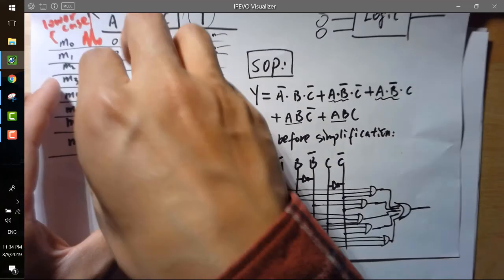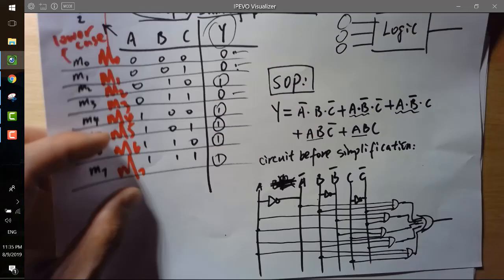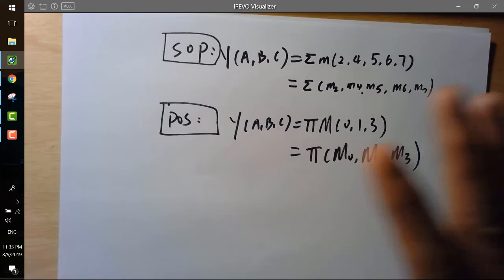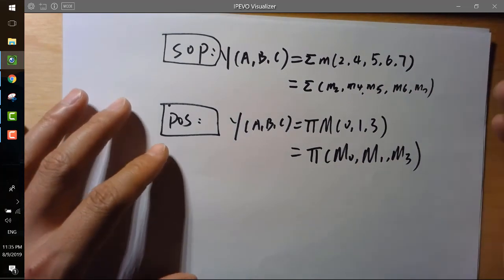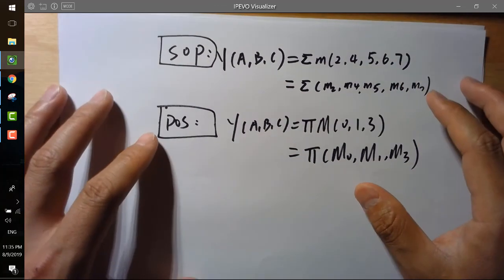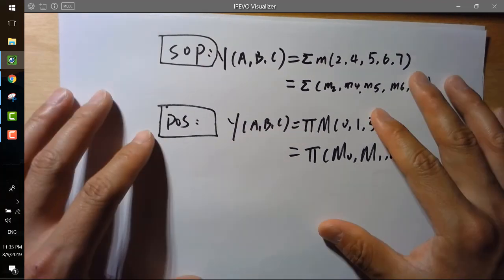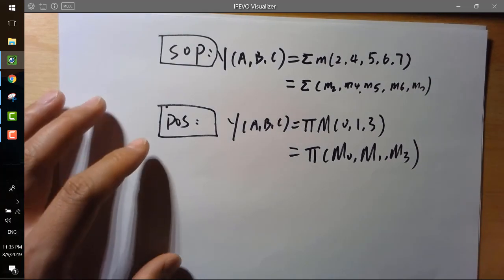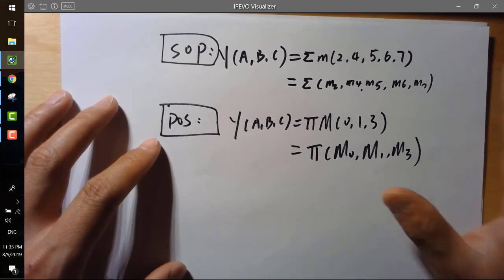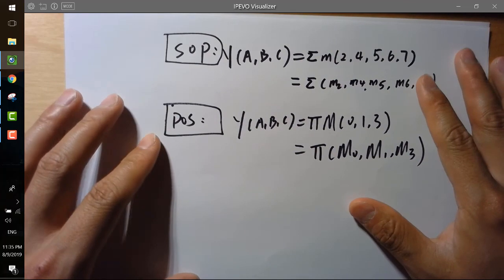So it's from the very beginning to the final product. Here's one thing: this is a really simple circuit and it's easy to simplify. You can eyeball it. When the logic becomes more complicated, you can't do it by Boolean algebra. Then we need another technique to simplify the logic, called a K-map. You can still simplify manually using this other technique. We're going to introduce that in the next lecture. Thank you for watching this video, and we'll see you in the next video.